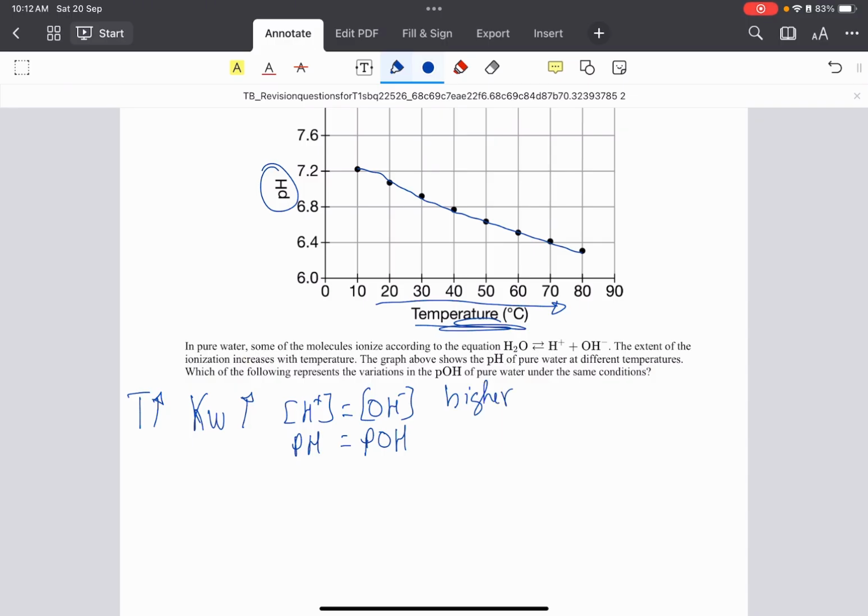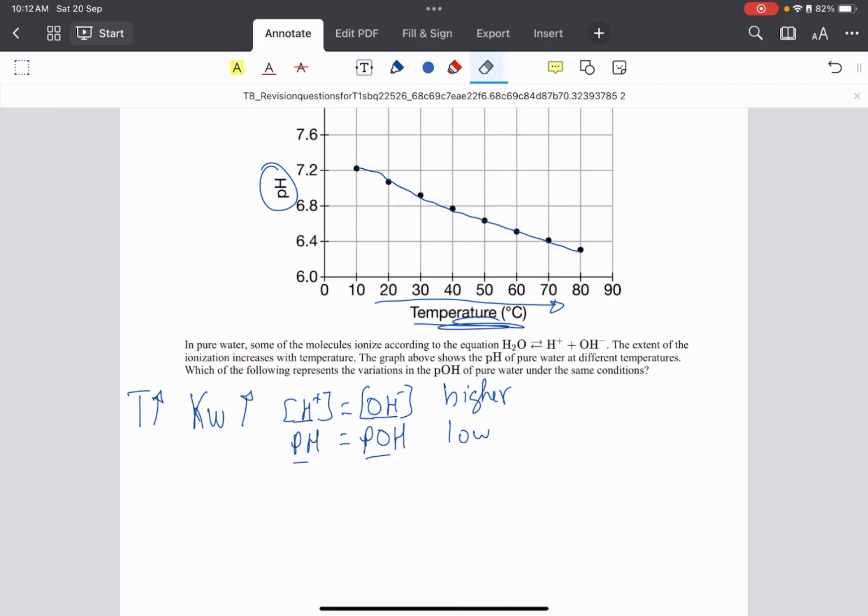Okay, equal but higher. I don't want to confuse you, so I'm not going to write this.